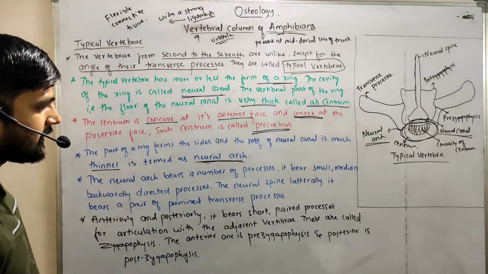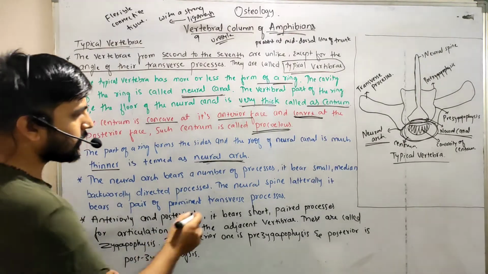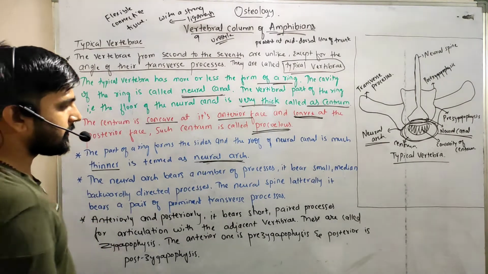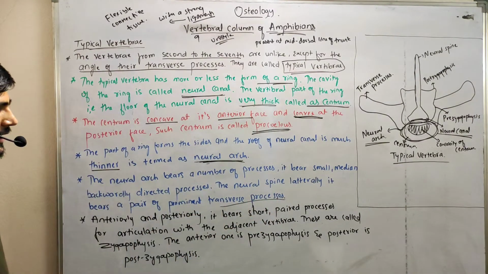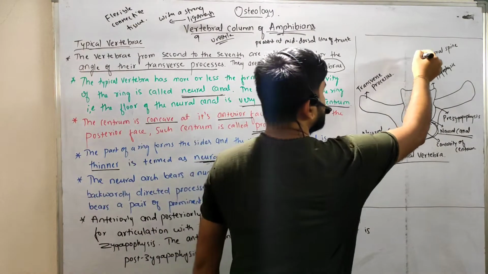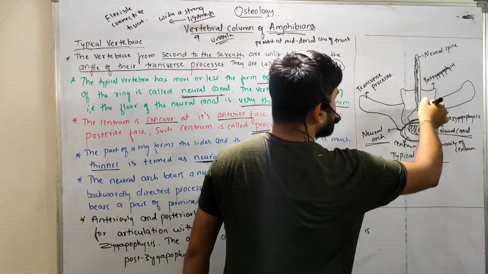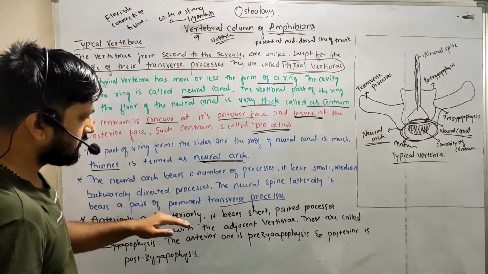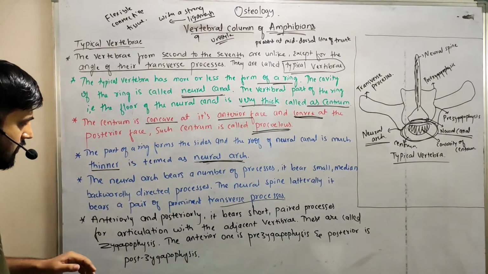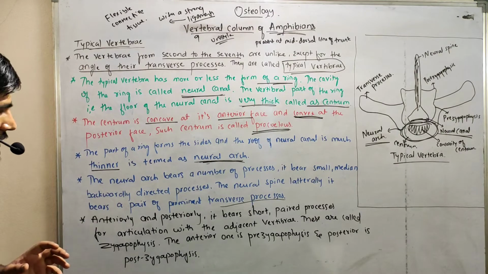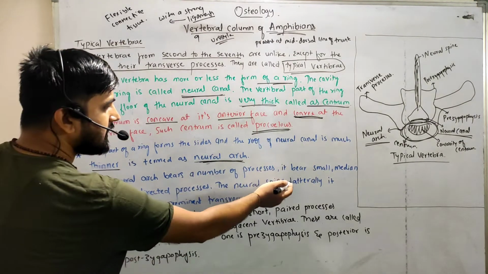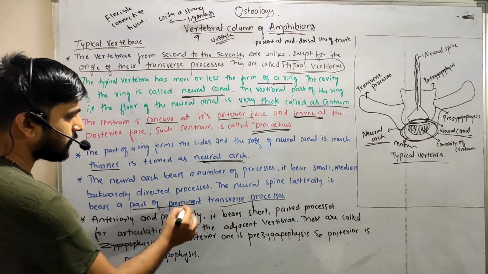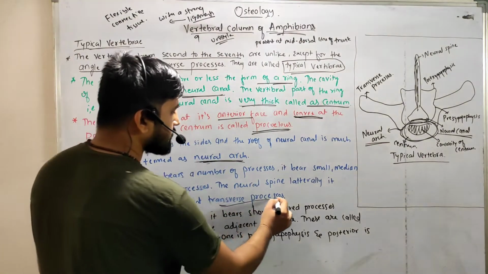The neural spine laterally bears a pair of prominent transverse processes. See here, this region is the neural spine. Laterally it shows a pair of prominent processes, and those are called the transverse processes.